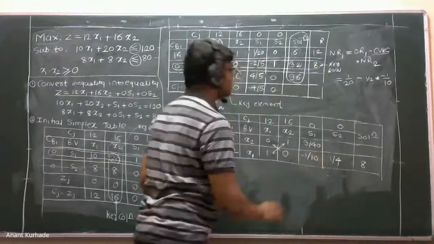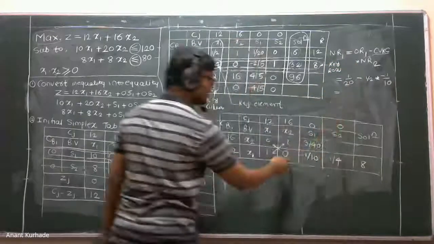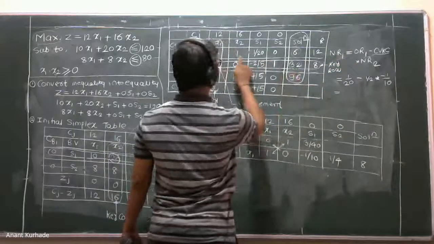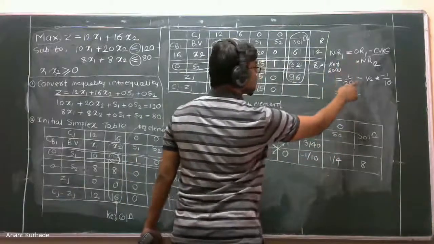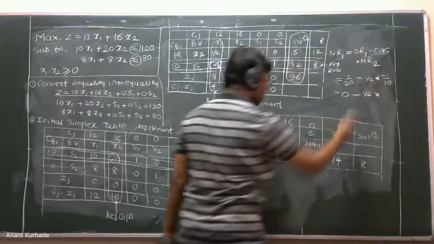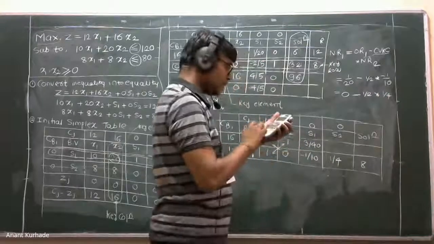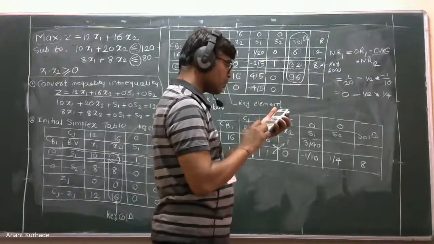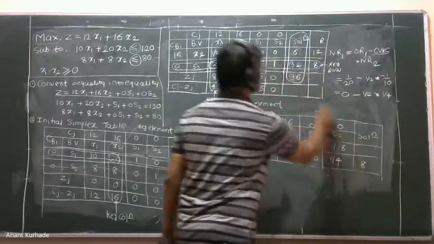Don't write in fraction. Now for S2: new value equals old value of R1. Old value of R1 it is 0. 0 minus the corresponding value, it is 1 upon 2, into new value 1 upon 4. Minus 1 upon 2 into 1 upon 4, we have minus 1 upon 8. And last one, 12.